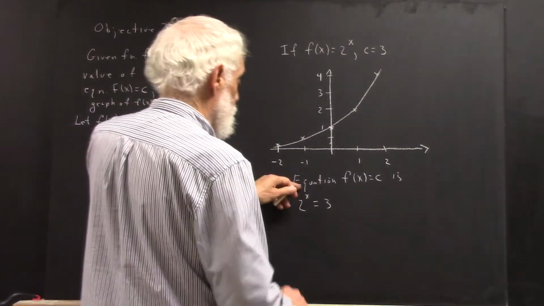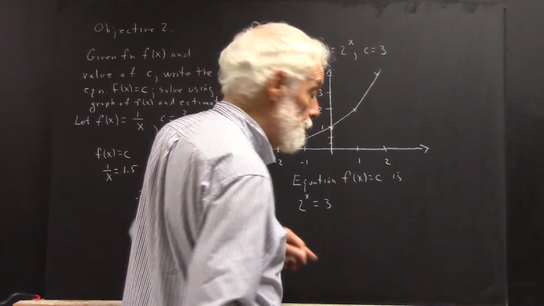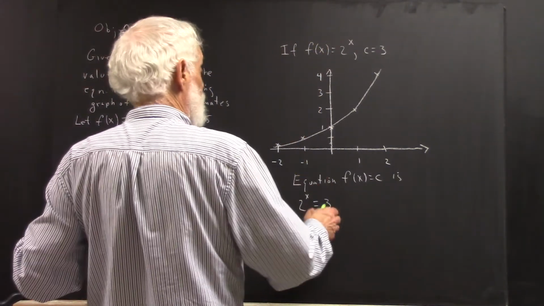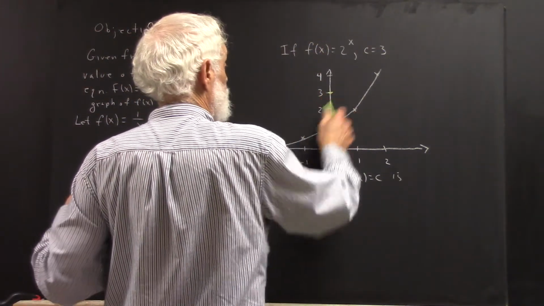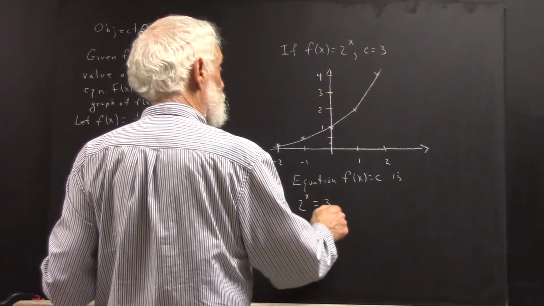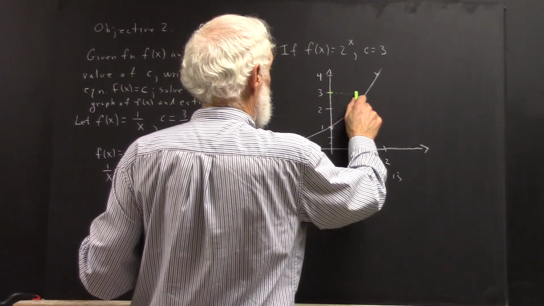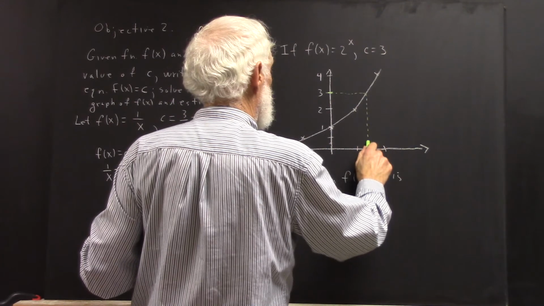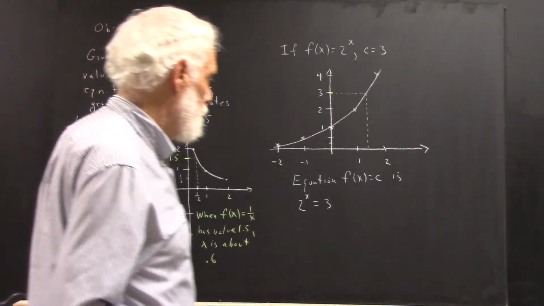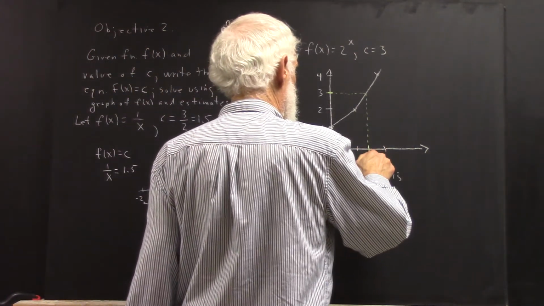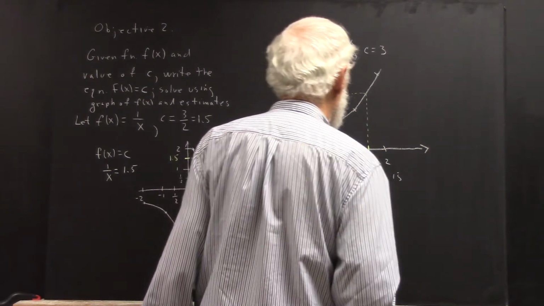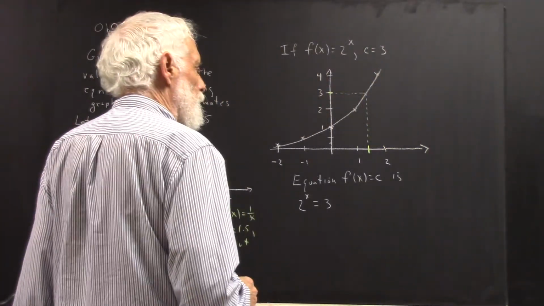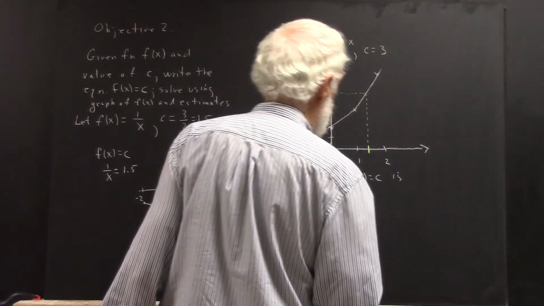And the value of 2 to the x is supposed to be 3. Well, then the value is going to be here on the y-axis. And to find the value of x that makes this happen, here we have it.